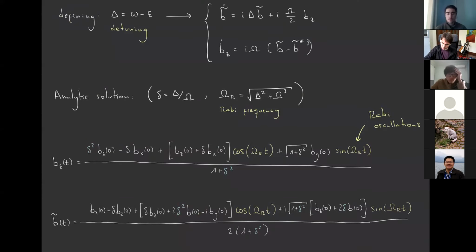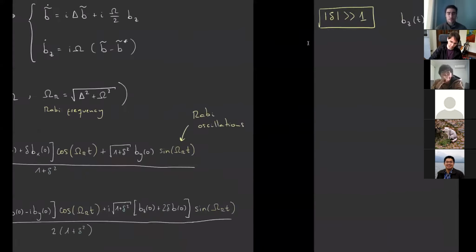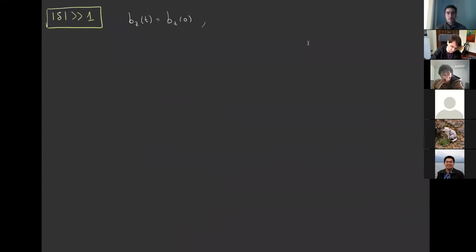And everything else, sorry, and this term in here as well. So we have here a term that goes as delta square square root, and then a delta here. So we get these two terms, and one has a cosine, the other one has an i sine. So when we put them together, what we get is essentially that B tilde is equal to e to the i delta t, B of 0.